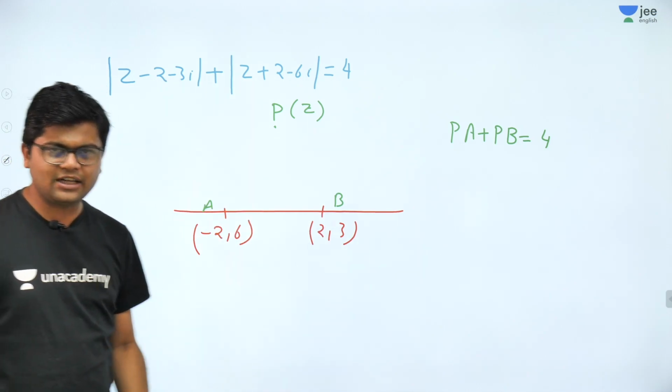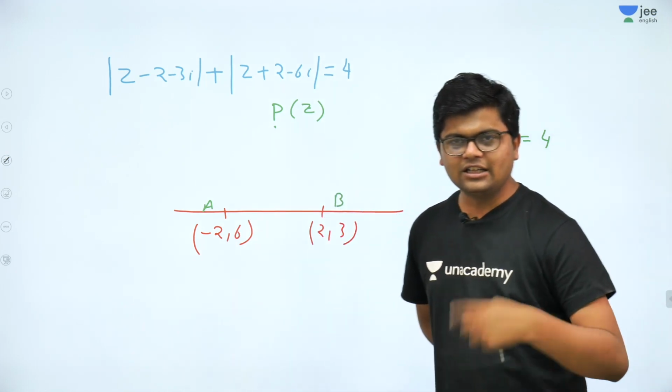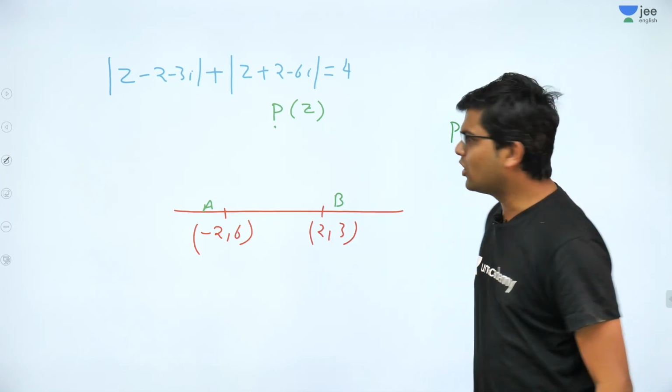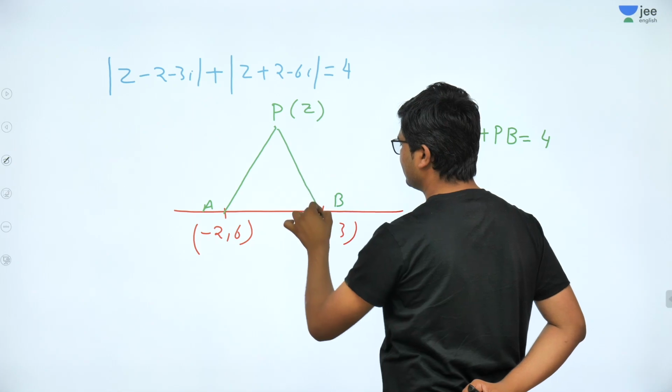Got my point, everybody? That modulus equation is saying something in geometry that we need to understand and interpret. So this is PA and this is PB.